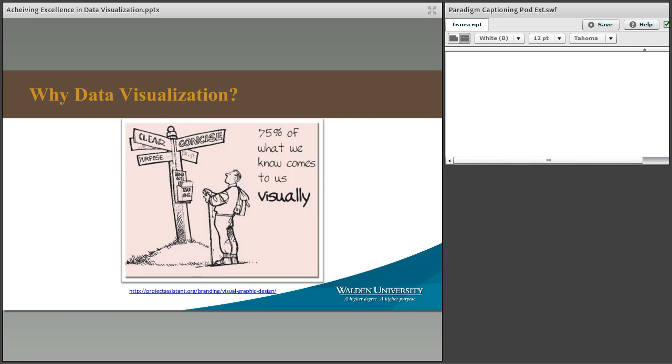And so we think that visualization is one way of presenting results in a way that the user can understand the information the analyst is trying to communicate. Another reason is that studies show us that about 75% of what we know comes from visualization. So I think it's important to us to be able to provide our audience with good data visualization.